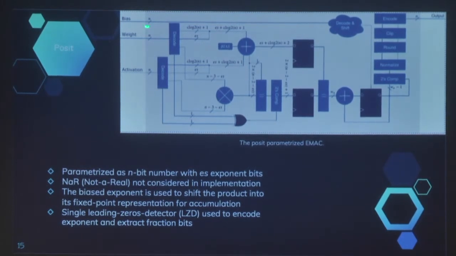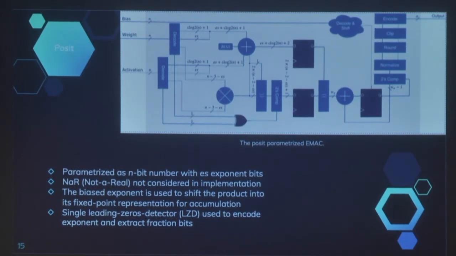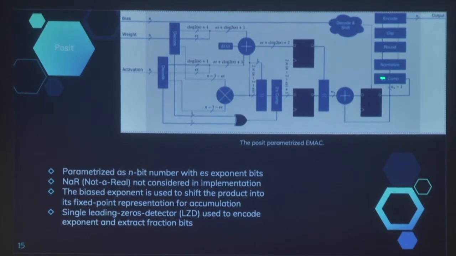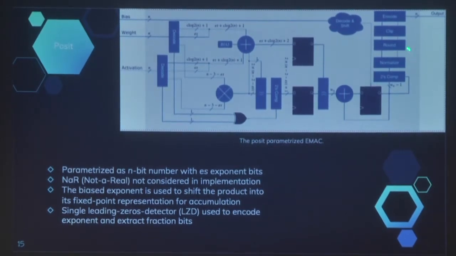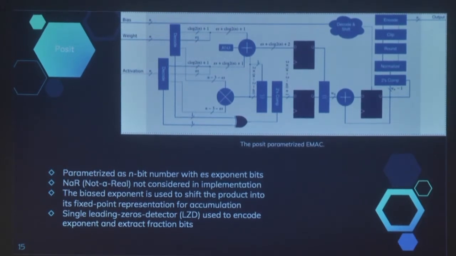And the biased exponent, again in this case, is used to shift the product to its fixed point representation for accumulation. And we are doing normalization here, again, to extract the output. Again, the single leading 0 detector is used to encode the exponent and extract the fraction bits.